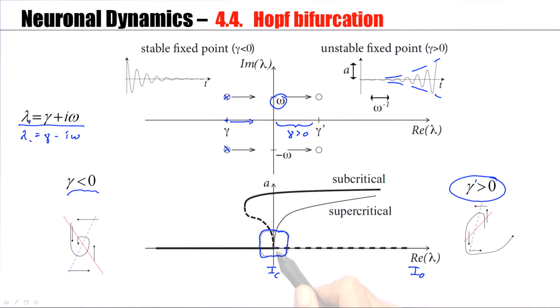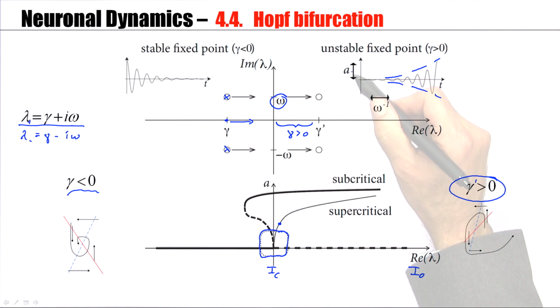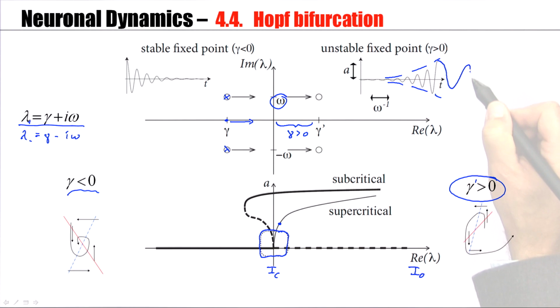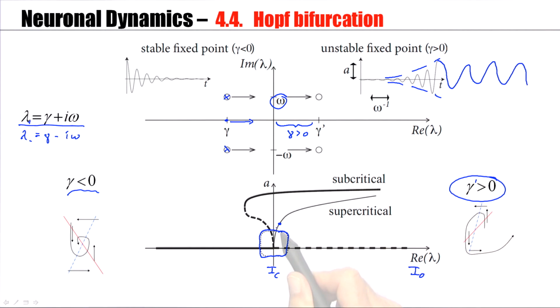Now, two possibilities exist. One is that the oscillation itself is stable, and then this would correspond to an oscillation of finite size. So this amplitude of the oscillation would stabilize at some finite value. The fixed point is unstable, an oscillation develops, but the oscillation itself is stable. This is called a supercritical Hopf bifurcation.